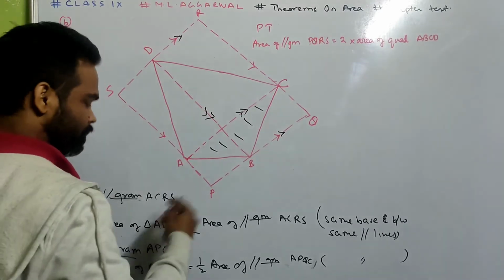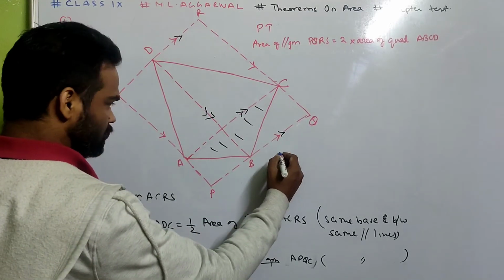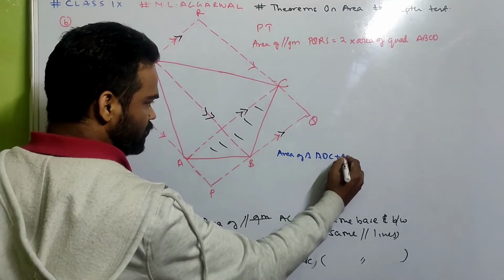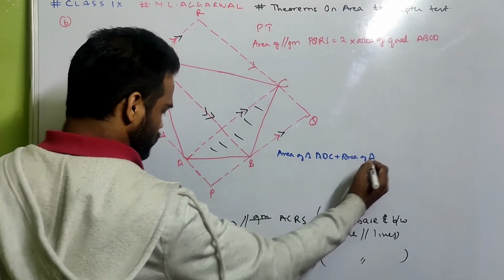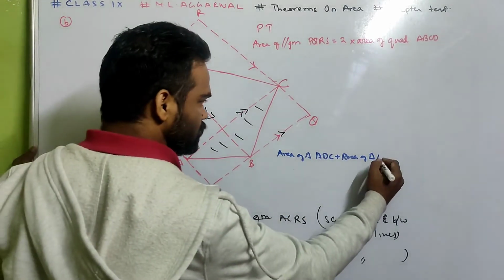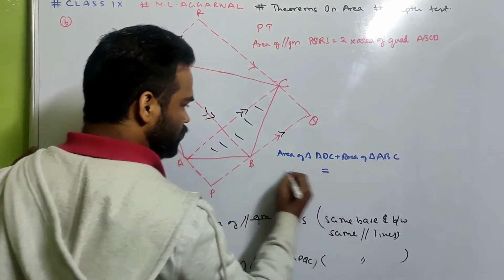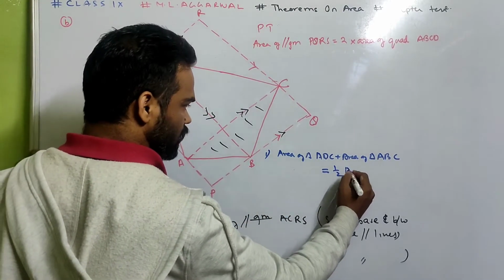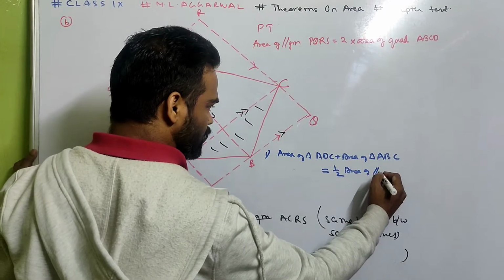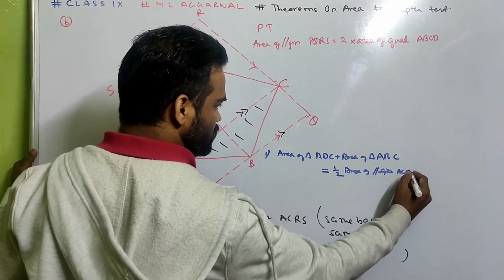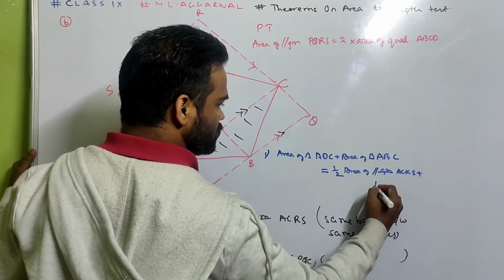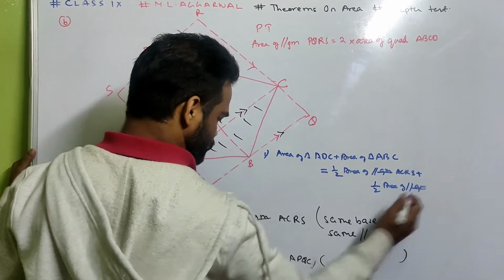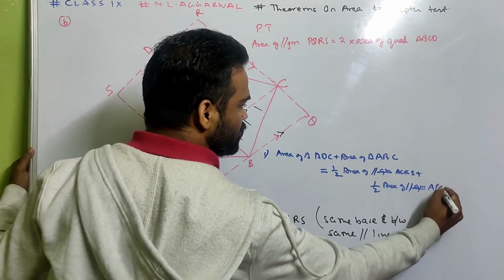Add both of them. So when you add, this becomes area of triangle ADC plus area of triangle ABC is equal to half area of parallelogram ACRS plus half area of parallelogram APQC.